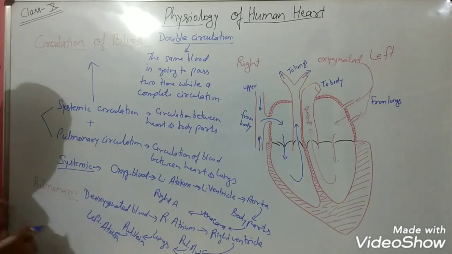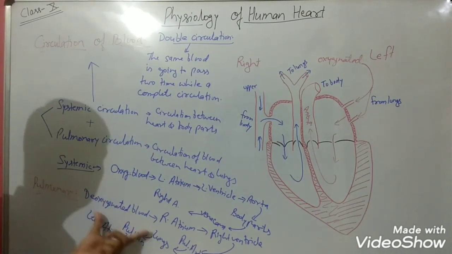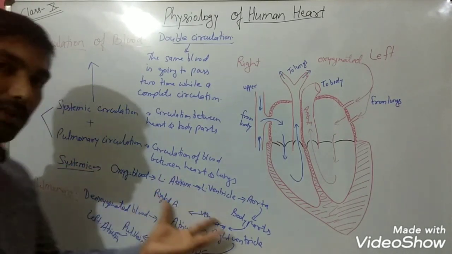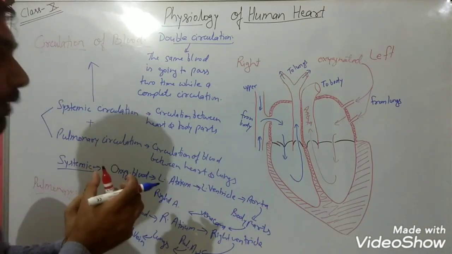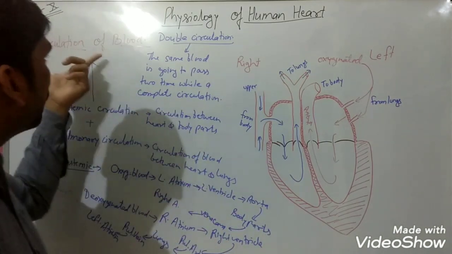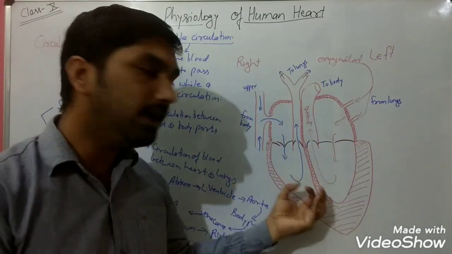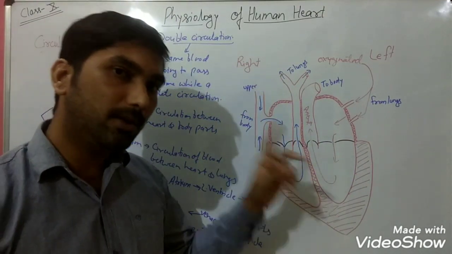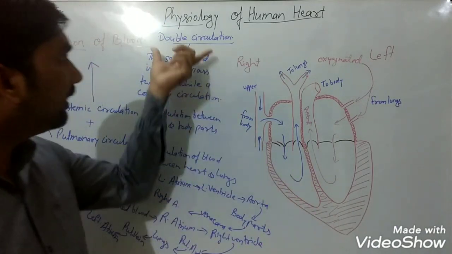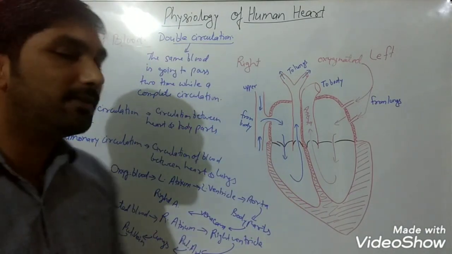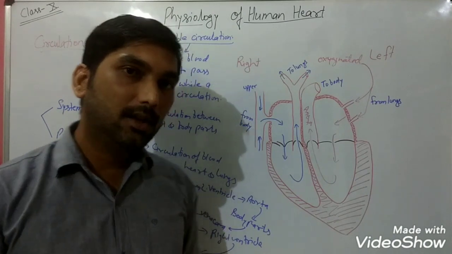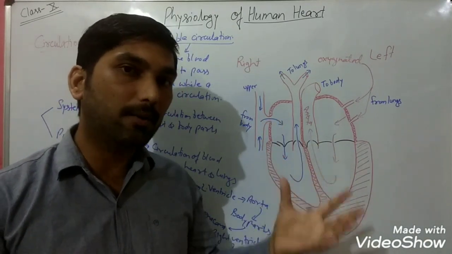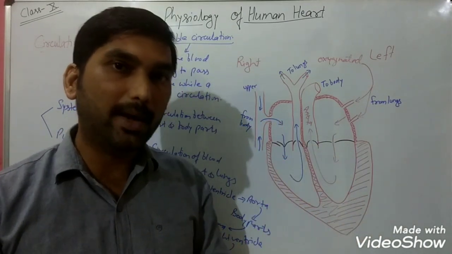So this is pulmonary circulation, and this is systemic circulation. When both of them are complete, the circulation of blood is complete. Since the blood passes 2 times during one circulation, this type of circulation is known as double circulation, which is a specific feature of all birds and mammals.